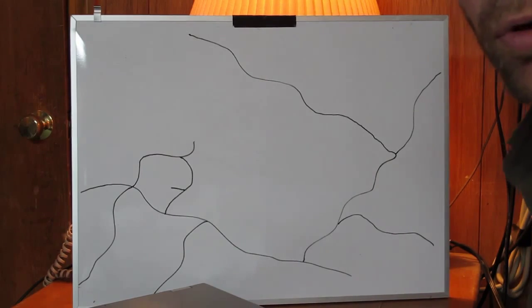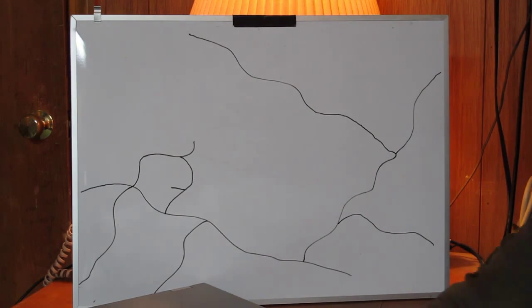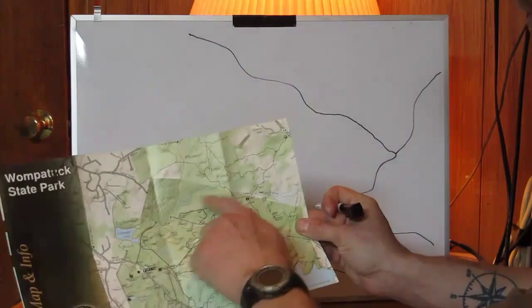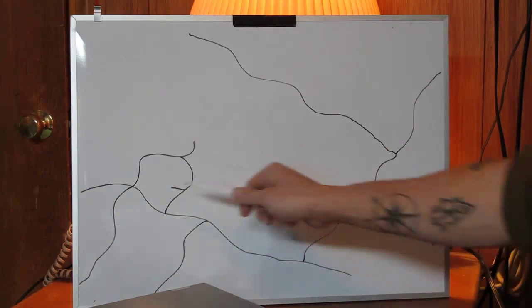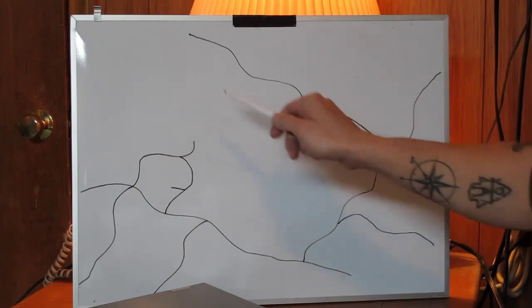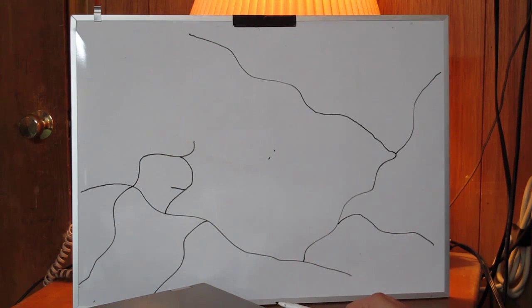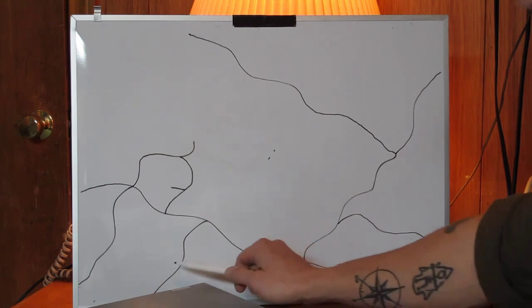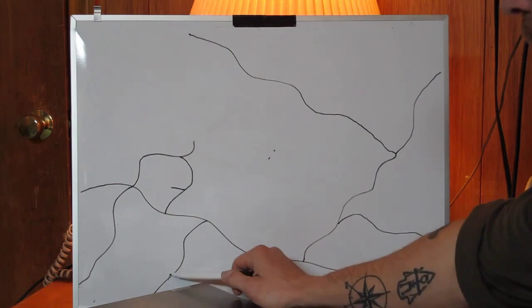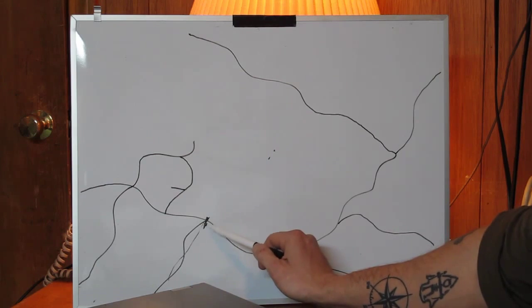Alright, so on the blackboard, I picked an area on the map here, and all these black lines are trails. This area looks good to me. So what I'm going to do is drive to the park and walk up to this intersection right here.